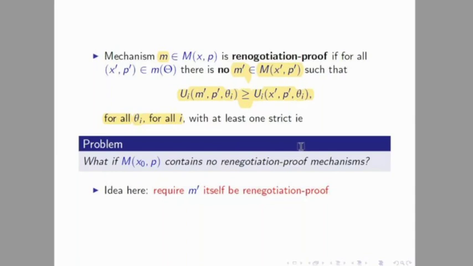That is the renegotiation proofness criterion by Neyman and Pavlov.